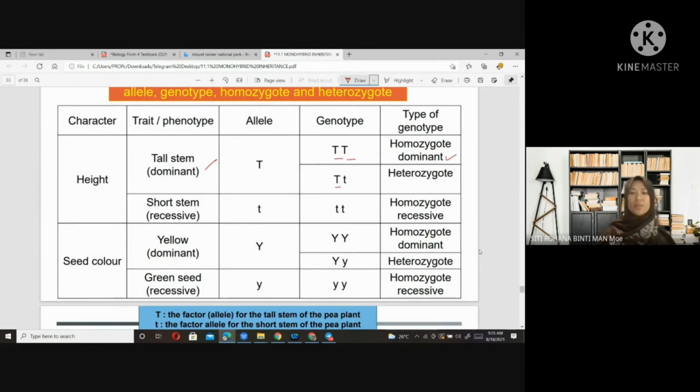Okay, T besar, T kecil, heterozygote. Kalau short, simple, short memang dua-dua recessive allele, homozygote recessive. Okay, seed color, allele Y. Okay, so homozygote dominant, heterozygote, and homozygote recessive.